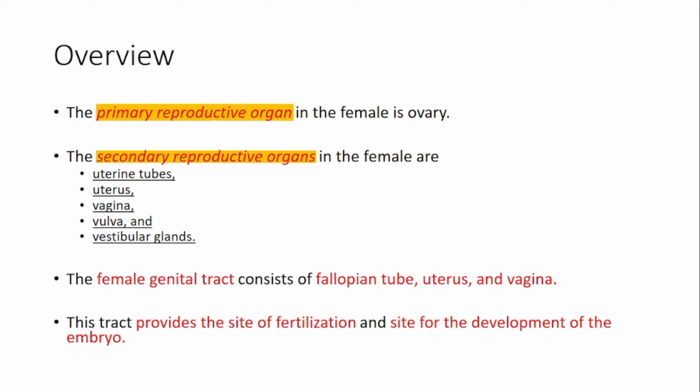The female genital tract consists of the fallopian tube, the uterus, and the vagina. And this tract provides the site for fertilization and site for the development of the embryo.